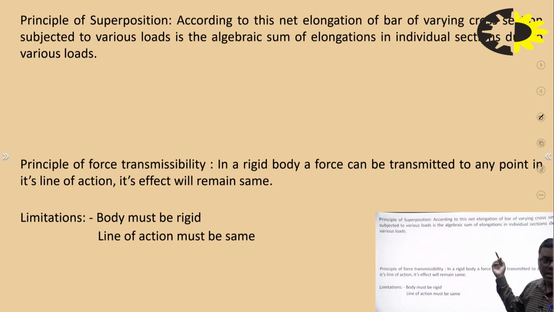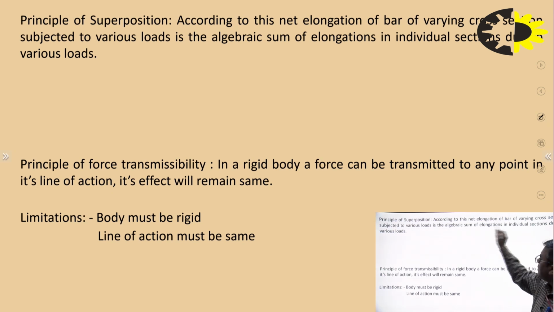Okay, it is related to that, but we are here discussing in the context of elongation of a bar. So we have to write our answer in that particular manner: principle of superposition in the context of elongation of a bar.